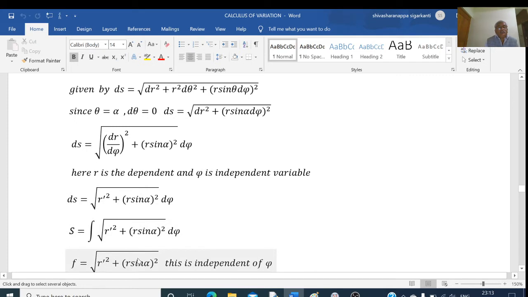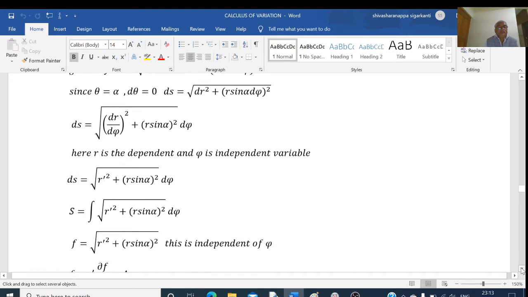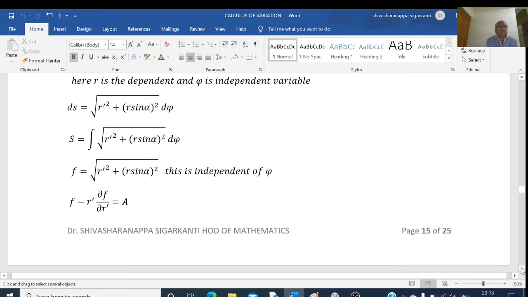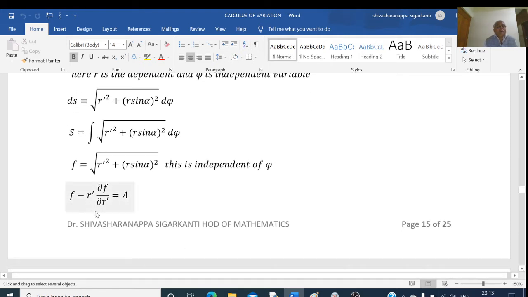Here this f is independent of phi. There is no phi here. If this is independent of phi, then we can write directly the equation f minus r dash into dou f by dou r dash is equal to a constant quantity.